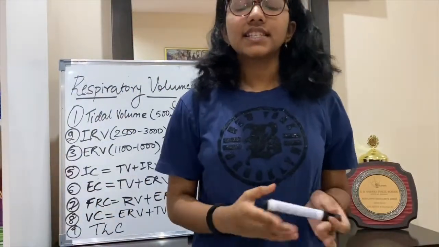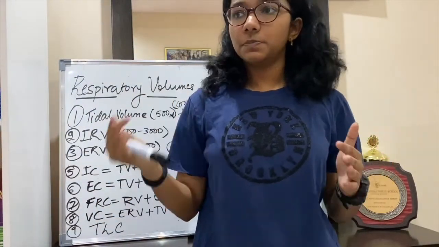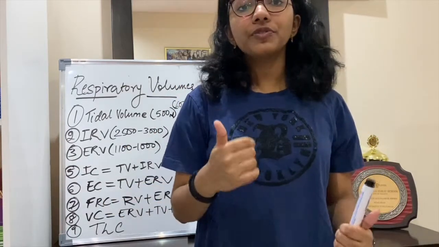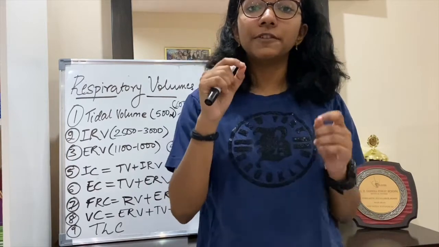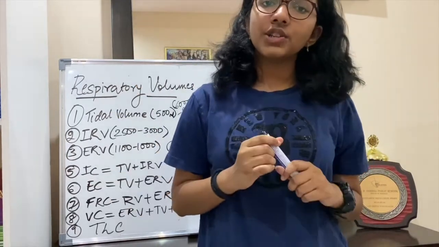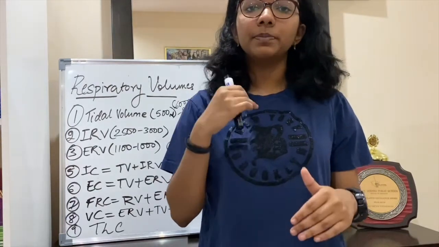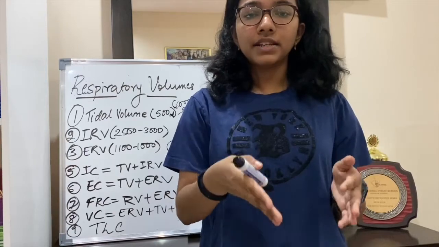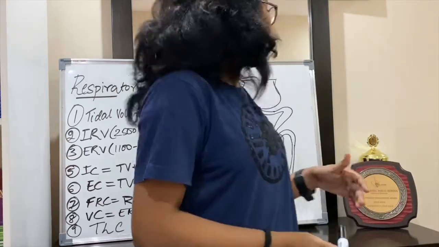Exchange of gases. Now you know that respiration mainly constitutes 5 processes, out of which exchange of gases between different membranes plays an important role for cellular respiration. Now exchange of gases happens at two places: one between the alveoli and the blood capillaries, and one between the tissues and blood capillaries.